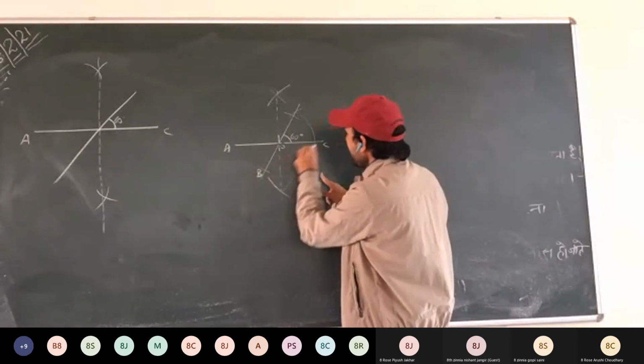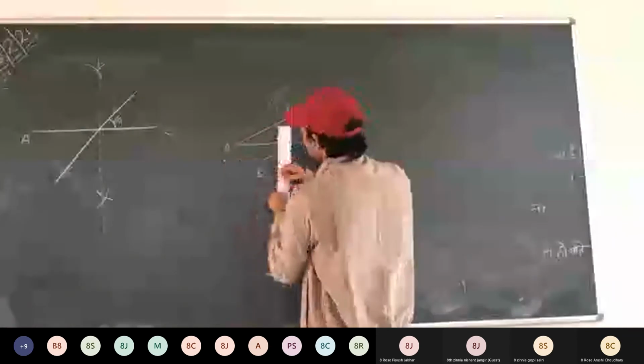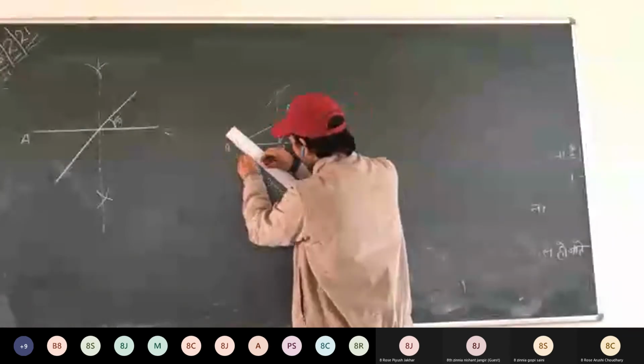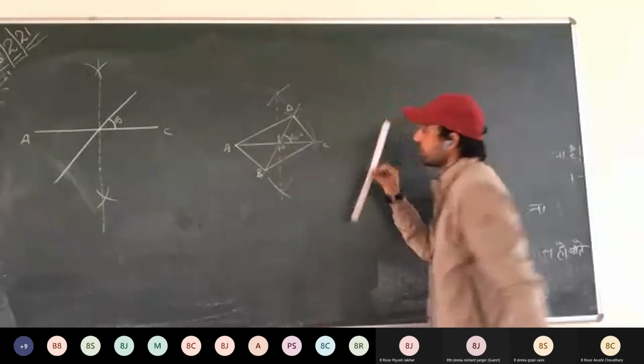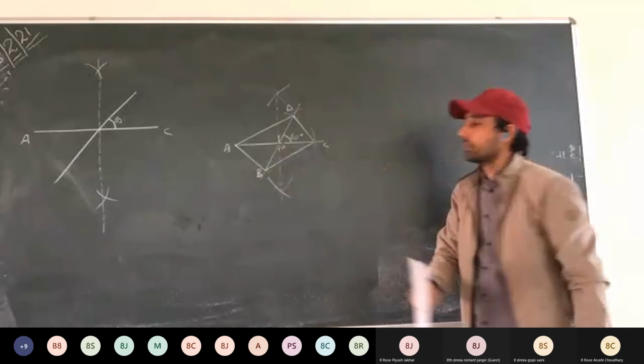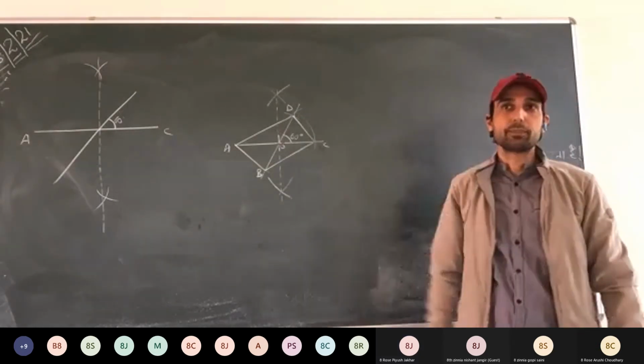A, B, C, D. These are the vertices. Join them. A, D. A, B. C, D. So we got the parallelogram ABCD.